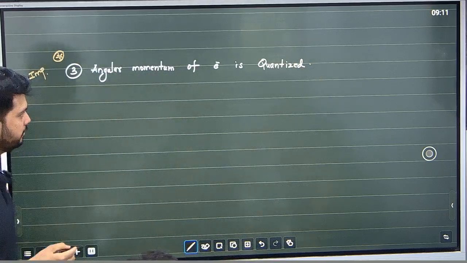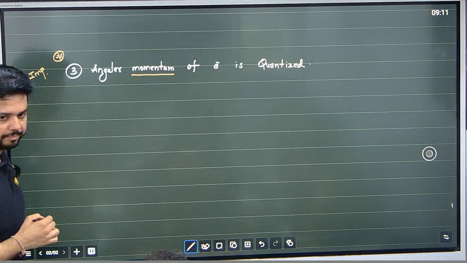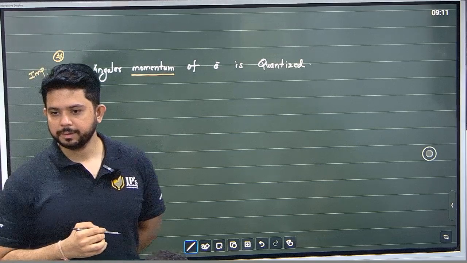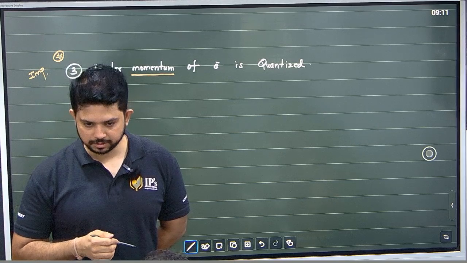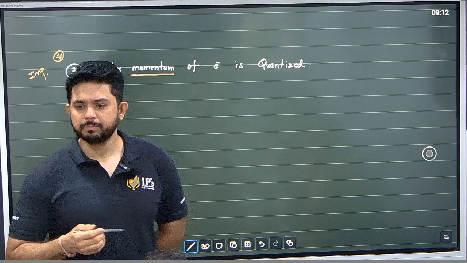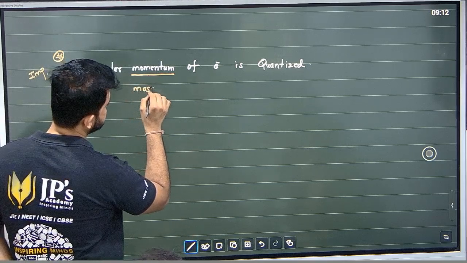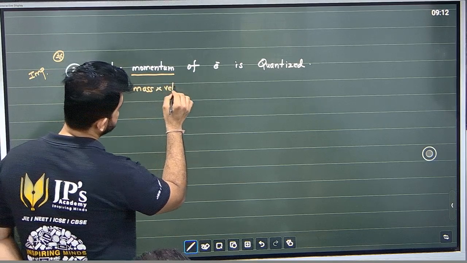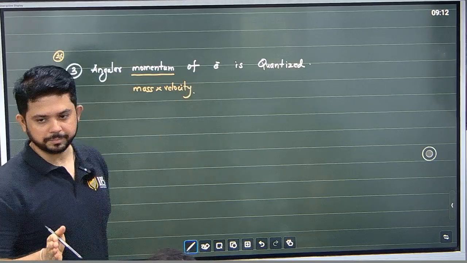First of all, can anyone tell me what do you mean by momentum? What do you mean by momentum? Or your momentum ka formula, till 10th standard you have done. What exactly is momentum? Momentum is mass times velocity. Momentum is mass into velocity. And I think you've done linear momentum abhi tak.